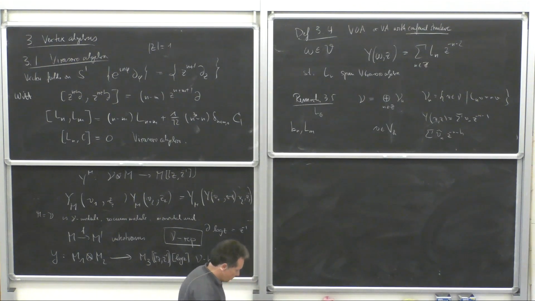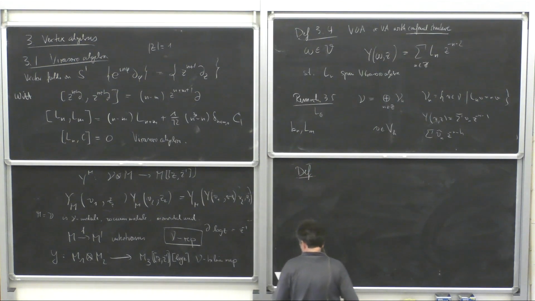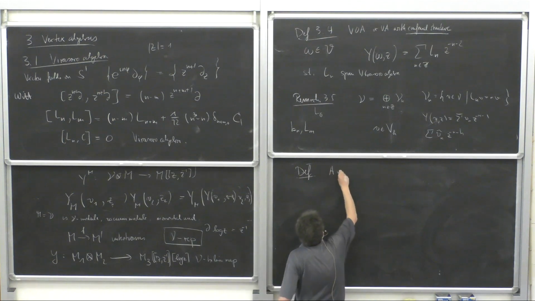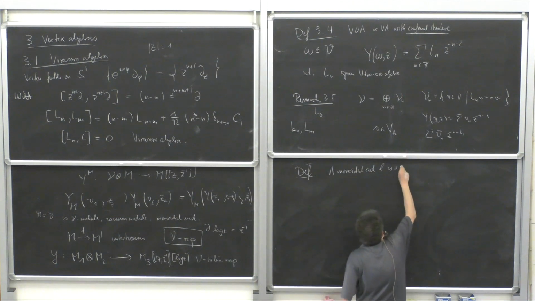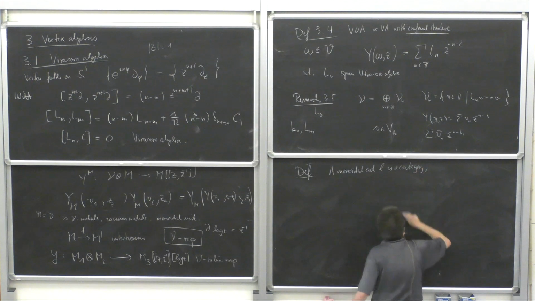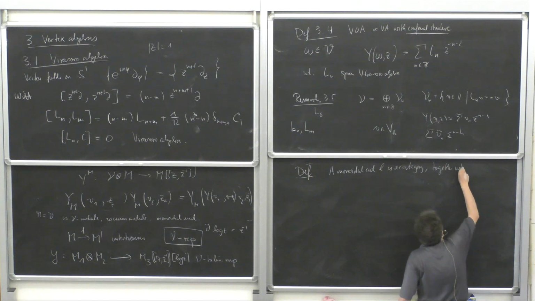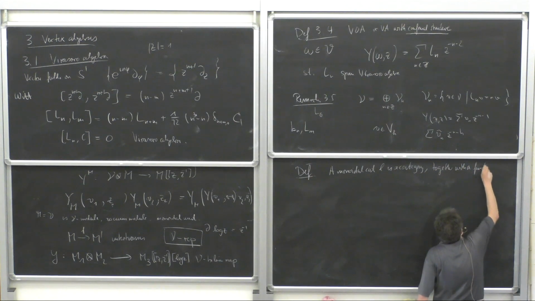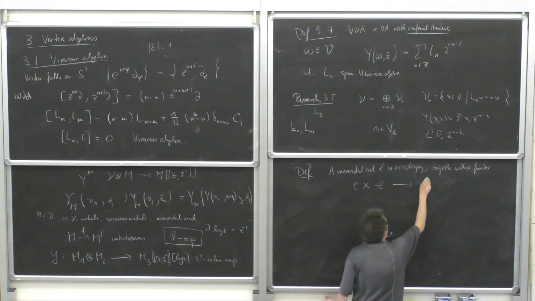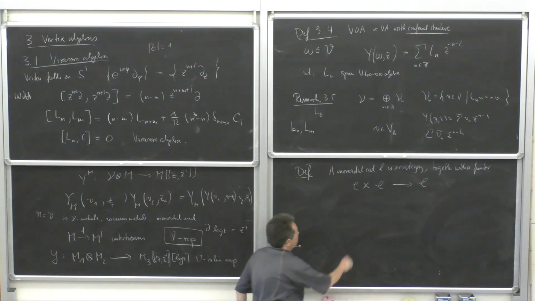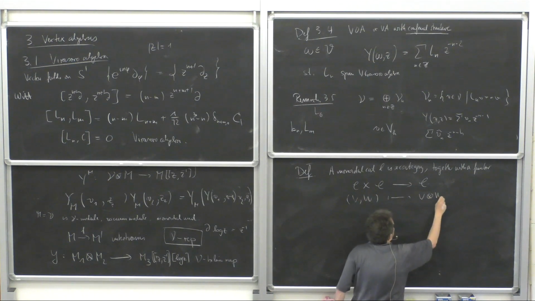So a monoidal category C is a category together with a functor. Well, what do I mean here? If you give me two representations, from a pair of representations of the vertex algebra, I get a new one.